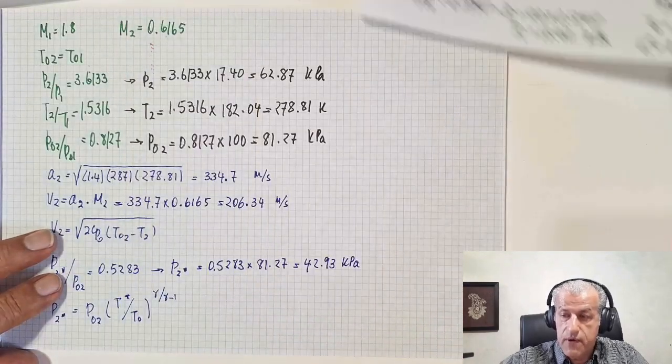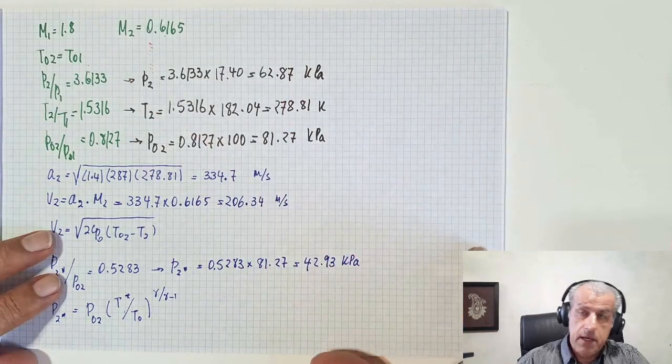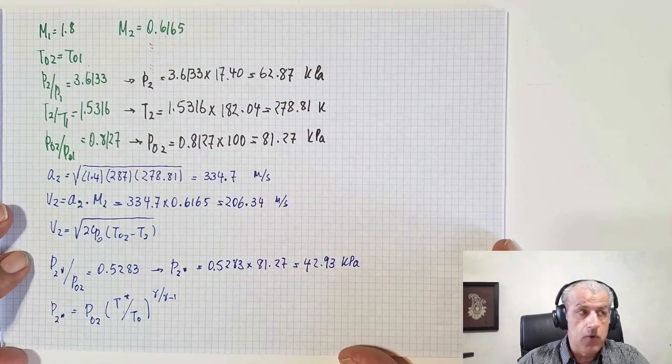So if we write the mass flow rate, we would find the correct diameter that mass flow rate would go through.